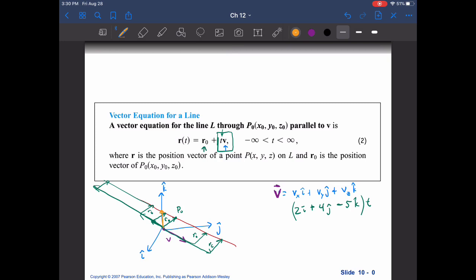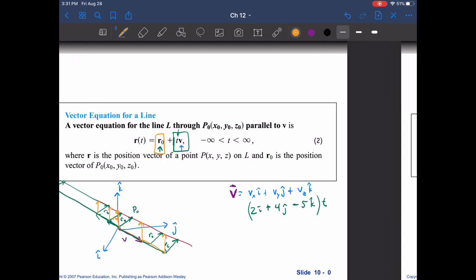But say I had a vector like that, and that could be our r0. You could go a distance of v and then r0, a distance of 2v and then that different r0. It's always going to put us back on that line, as long as the vector we pick, and we have a lot of freedom in picking it, is based on a point that lies on the line we're trying to get to.